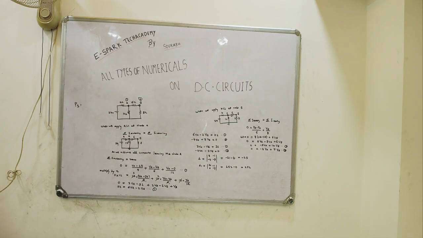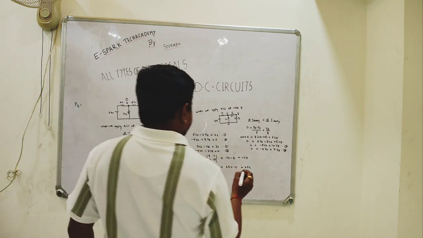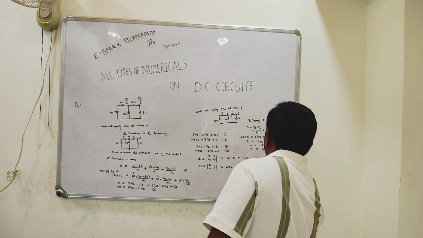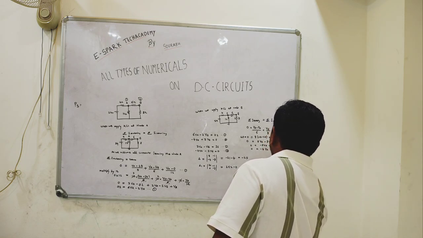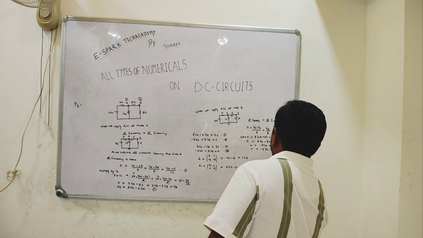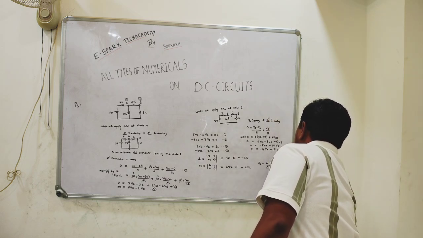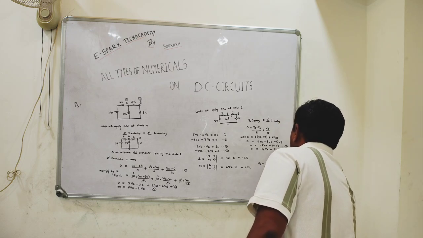If you calculate, VA will be nothing but 252 divided by 25. You will be getting VA equal to delta 1 divided by delta, which is nothing but 252 divided by 25.